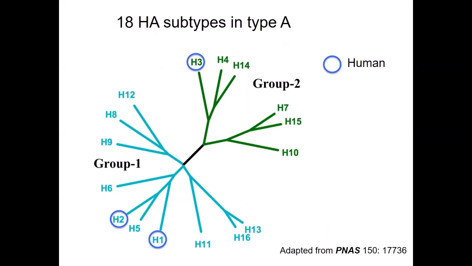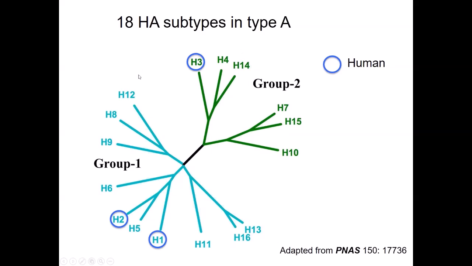So one thing you have to remember about influenza, there's serotypes or types. Type A is the one that most people have focused on for human infections. Of course, there's type B, and the vaccines contain both type A and B antigens.